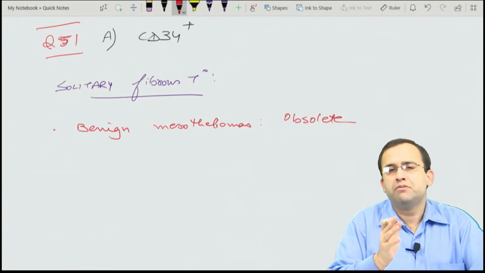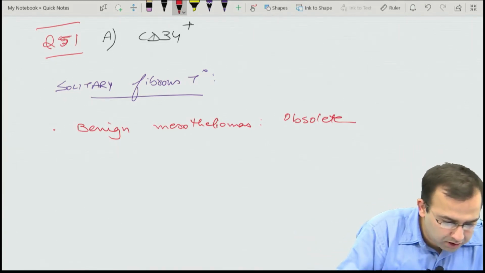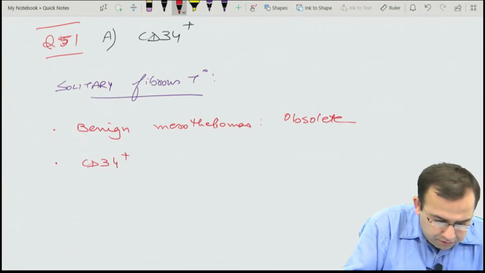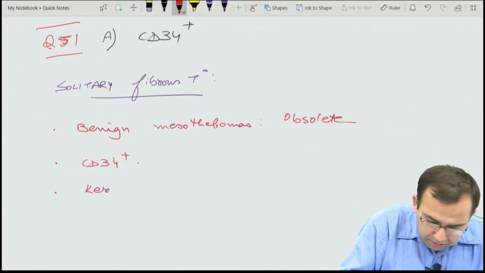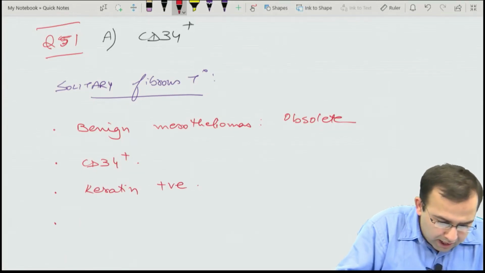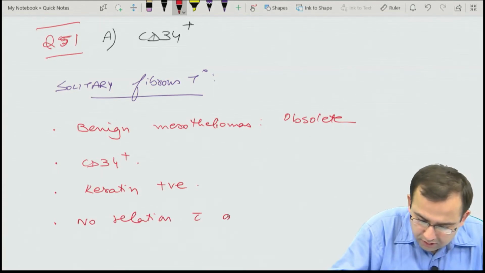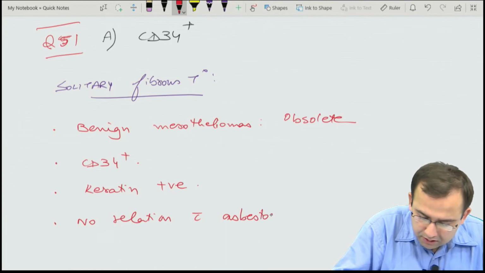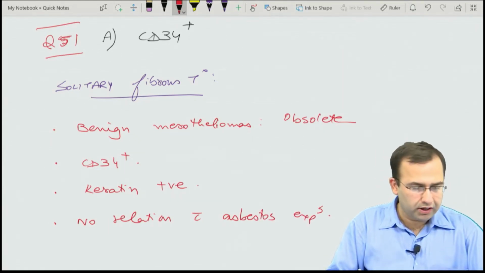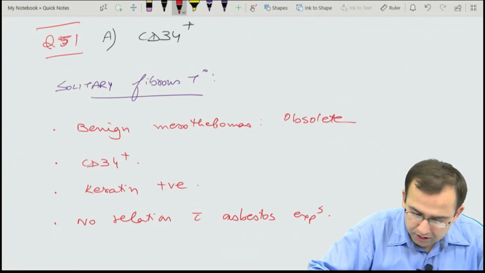Now when we say mesothelioma, we mean malignant mesothelioma, which is associated with asbestos exposure. Next point, these are CD34 positive and keratin positive, not keratin negative, and have no relation with asbestos exposure. This is solitary fibrous tumor.